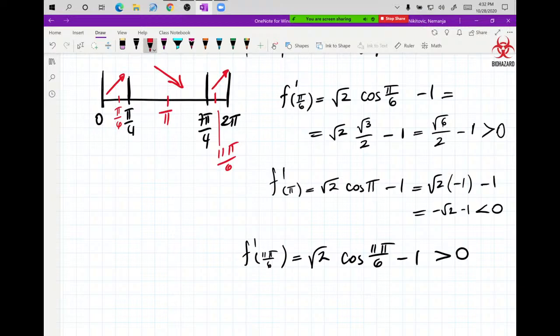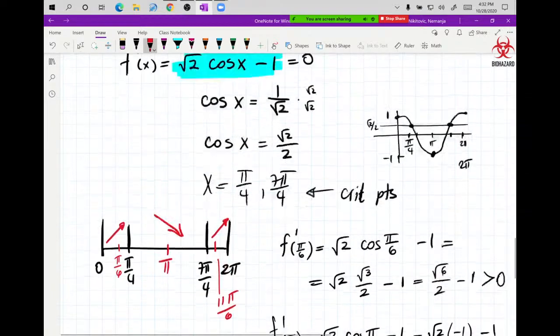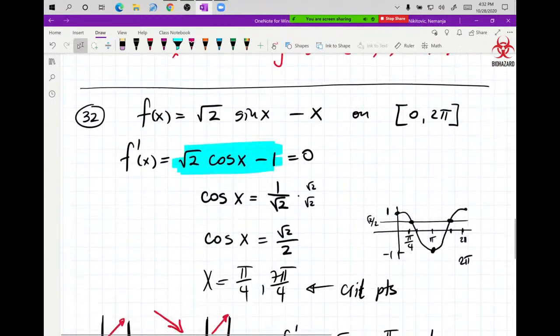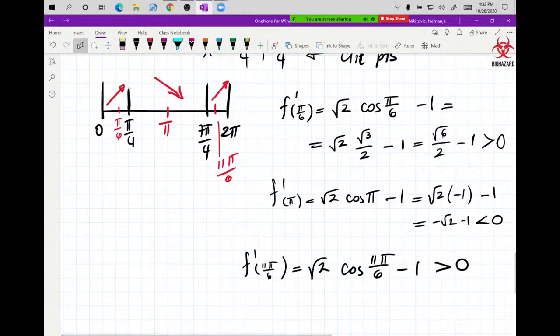Now, please, guys, make sure that you know that these don't always alternate, right? We had that 1 over x where we had this situation. So they're not going to alternate all the time. Some problems you get them to alternate. Some problems you might have down, down, up, right?